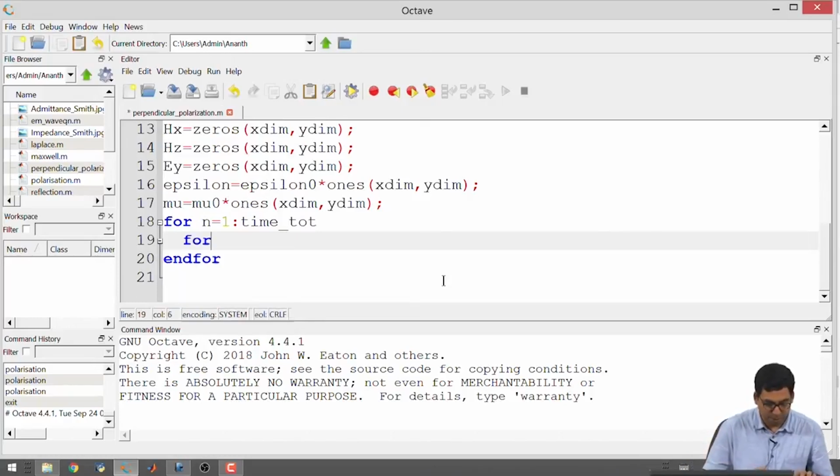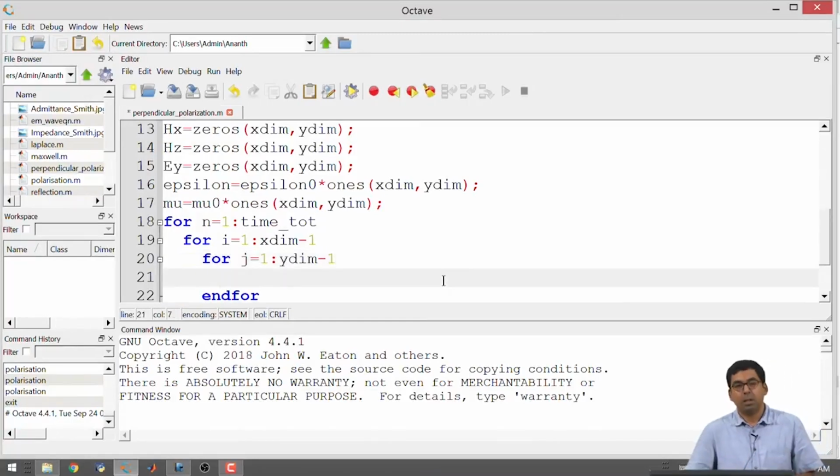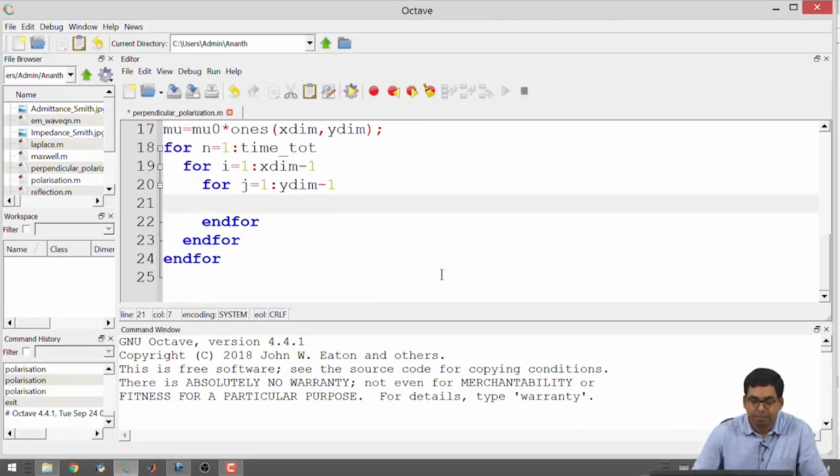So, I am going to have for i equal to 1 to x dim minus 1, for j equal to 1 to y dim minus 1. I am going to take the expressions that we have got in the finite difference form.